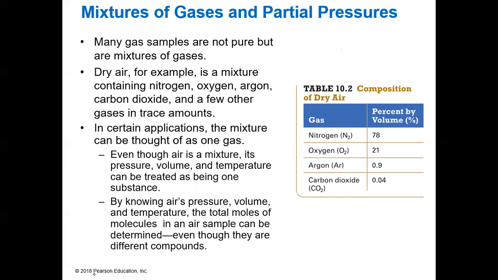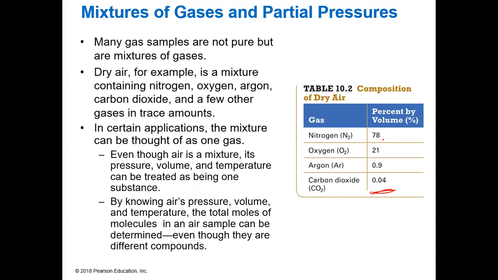All right, so dry air is mainly nitrogen, a little bit of oxygen, very small amount of argon, and then an even smaller amount of carbon dioxide. Okay, so that is what dry air is, and you'll see here in this table 10.2 the percent by volume of each of those components. So 78% of dry air is nitrogen, 21% is oxygen, etc.